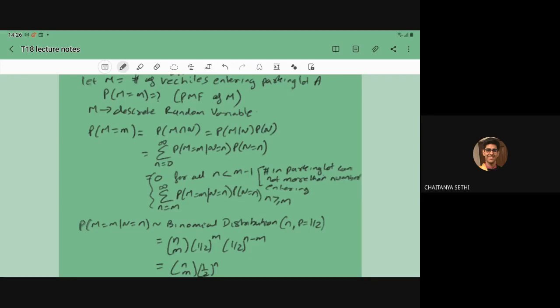Why have we taken 0 for n less than m minus 1? Sir, why have you done m minus 1? Actually, the number of vehicles in the parking lot cannot be more than the number of vehicles entering the parking lot. Sir, why not n less than m?